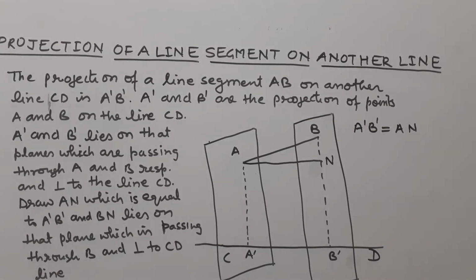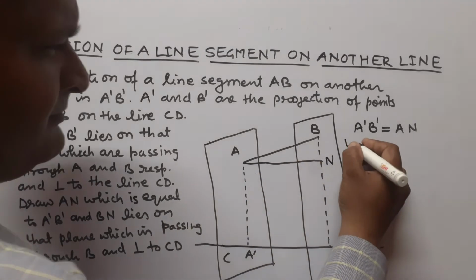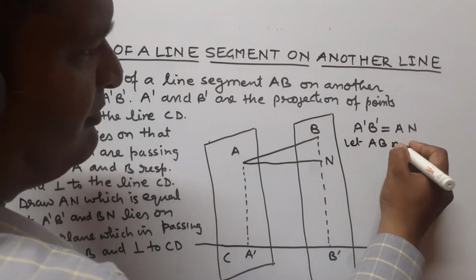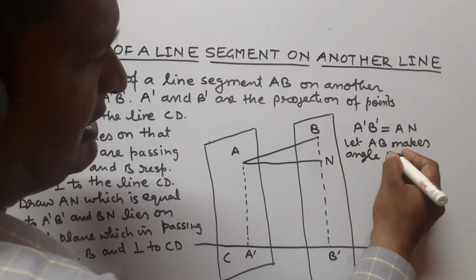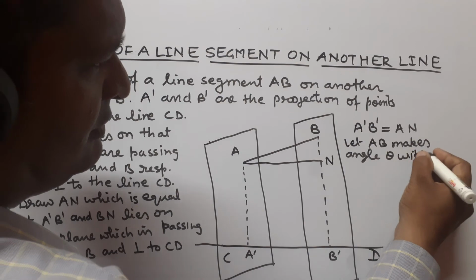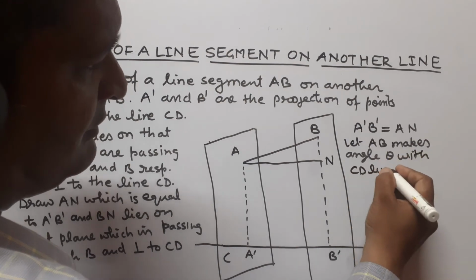Let us suppose that line AB makes angle theta with the CD line.